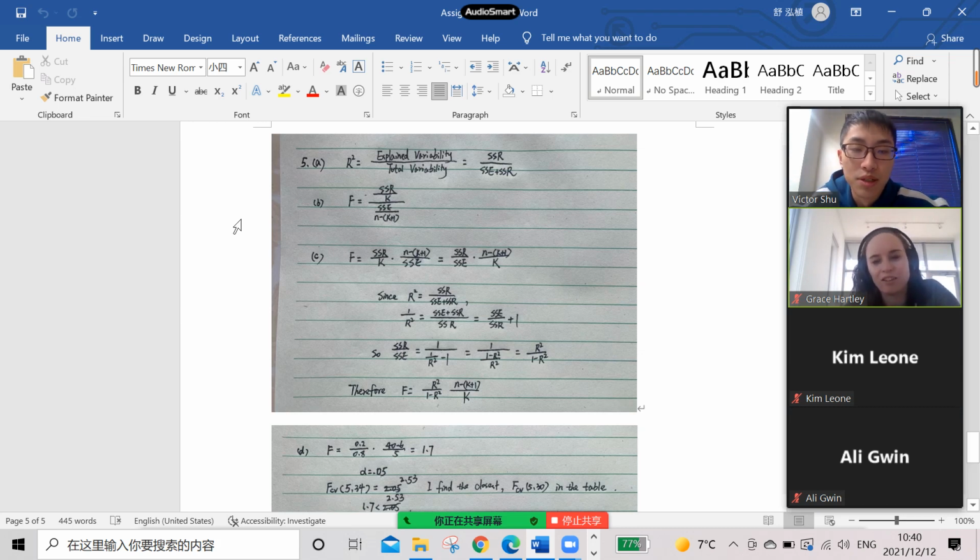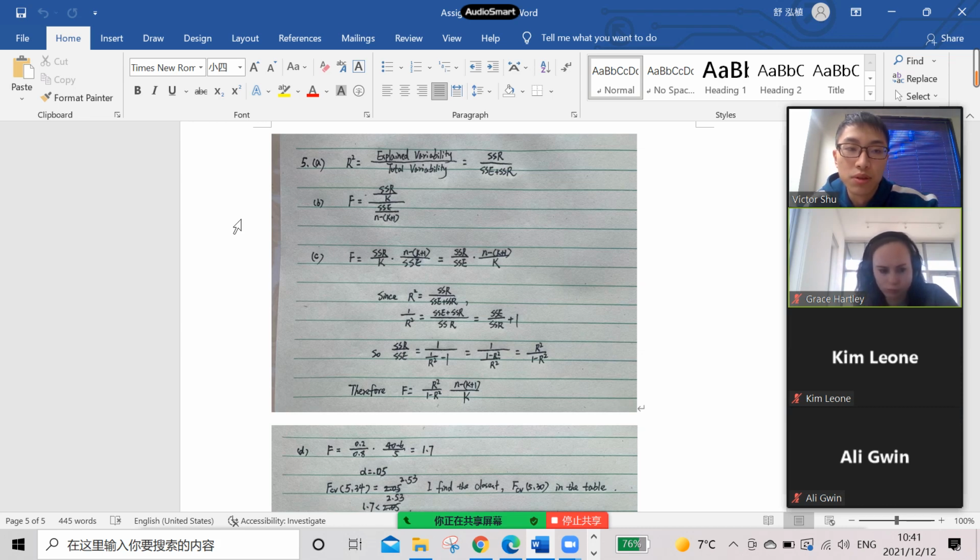Part B, the F test. The formula is as follows. I think it's also on the slides. It's SSR divided by k, which is the degrees of freedom in the numerator, and then the denominator is SSE divided by the degrees of freedom in the denominator.